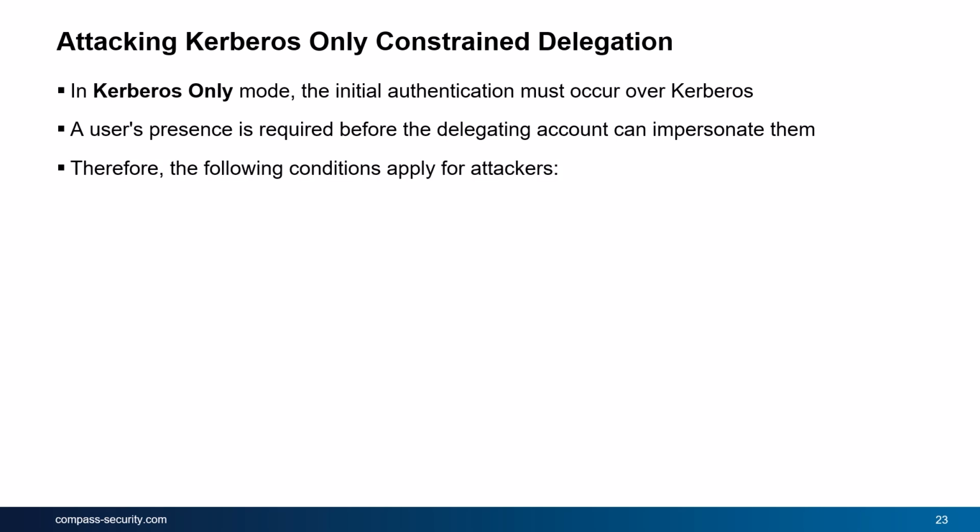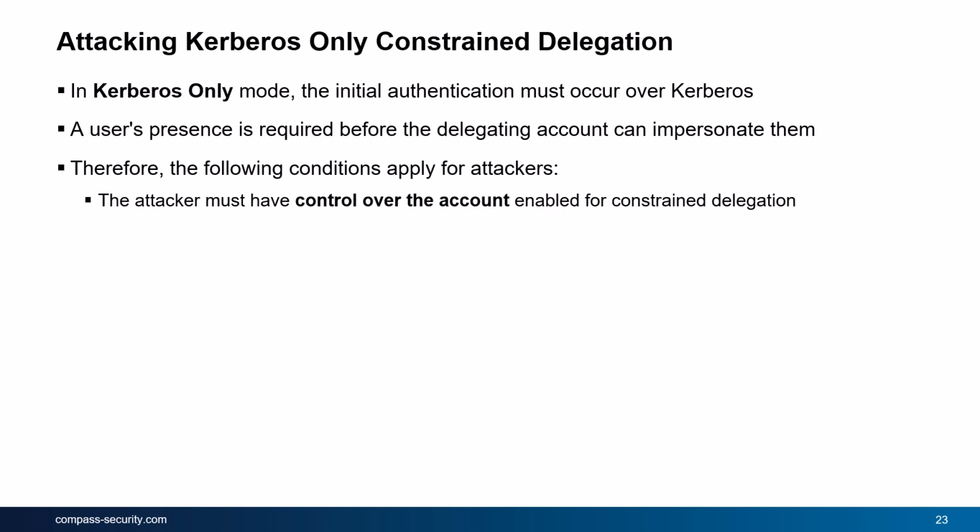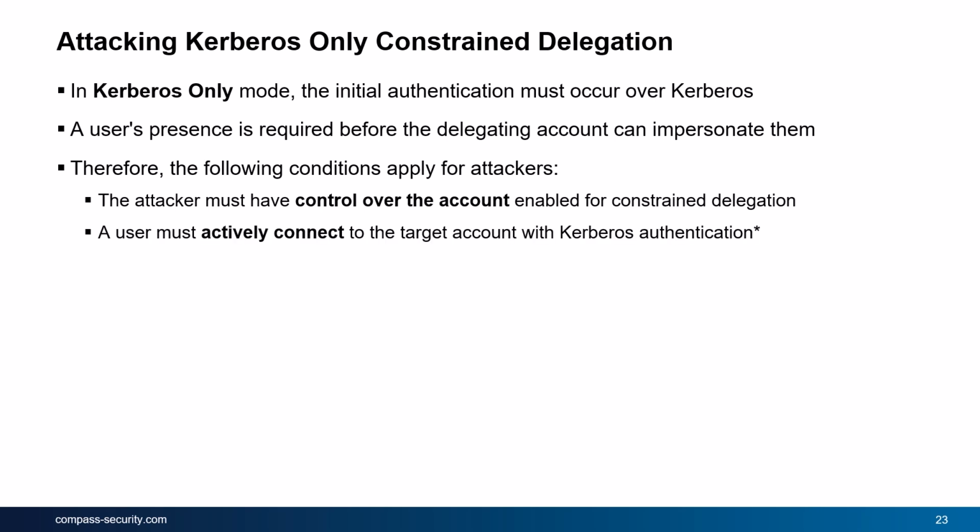And that means we as an attacker need essentially two things. First, we need to have control over the account that is enabled for constrained delegation. So that could be that we have local admin permissions on the system, or we have the credentials available for the account. Secondly, to fulfill this user presence requirement, a user must actively connect to our target account, so the account that is enabled for delegation.